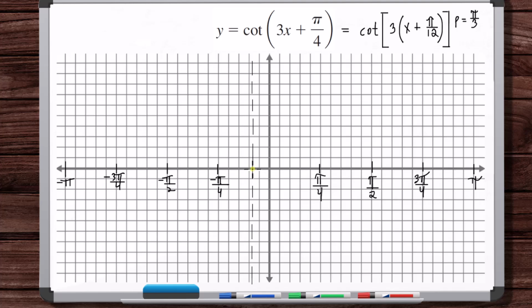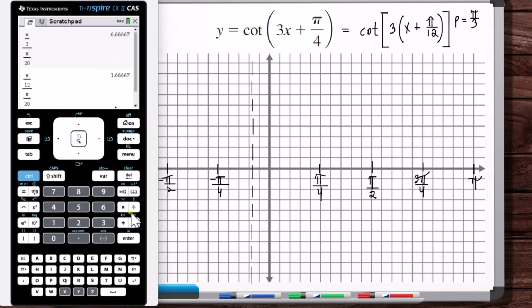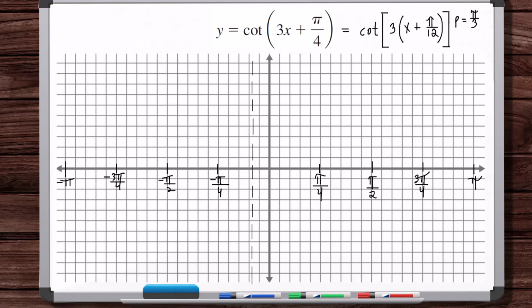Okay, then we're going to go pi over 3 from here, forward from here. So let's see. Pi over 3 is 6 2/3 tick marks, but we need to subtract. Let's take this and subtract. So 5 tick marks. So we're going to pi over 4.